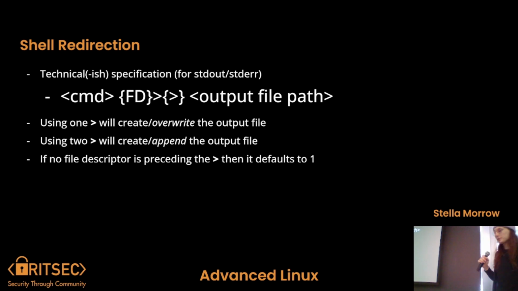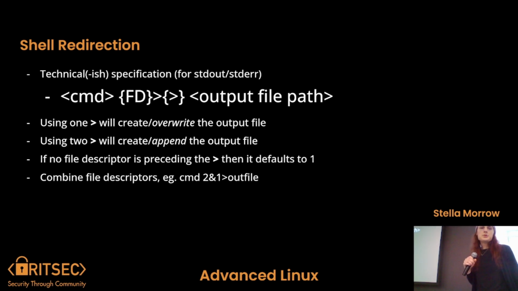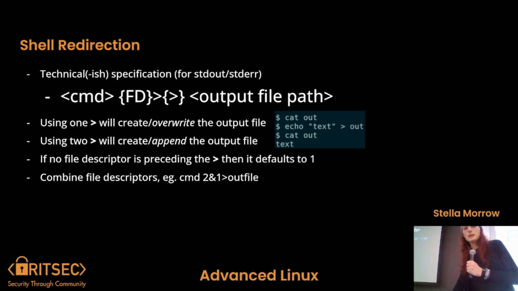If there's no file descriptor given, it defaults to 1, and you can combine them. You can do 2 into &1, and then you can do 1 into out file, and they'll both go together. Again, great for logging mostly, not for being readable. So you see, you cat out, then you echo text in out, and then it has text in it.